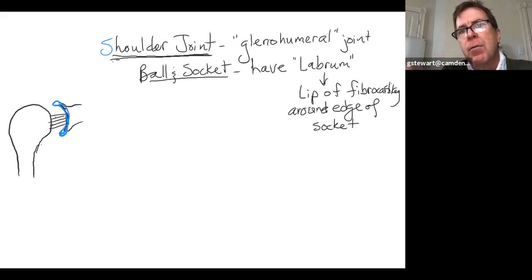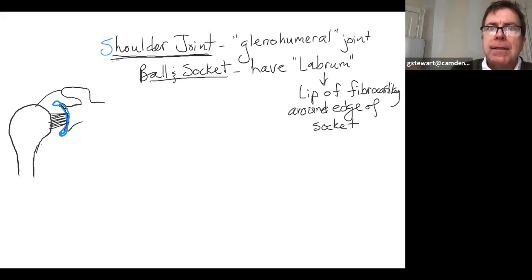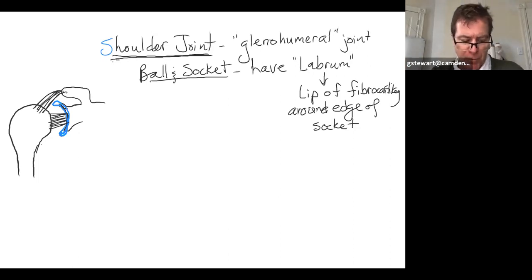The coracoid is that finger-like structure like this. And there's a coracohumeral ligament that extends over. You don't have to memorize all those. I was just letting you know that's where their fancy names come from, as point of attachment.